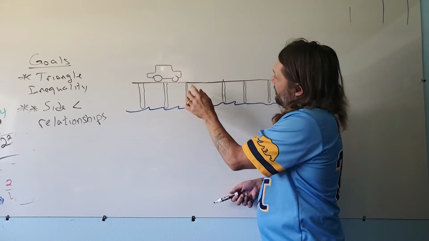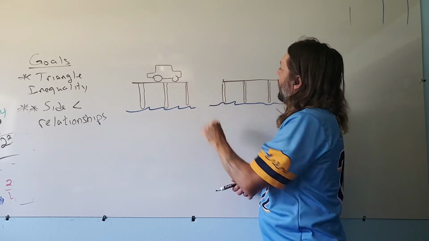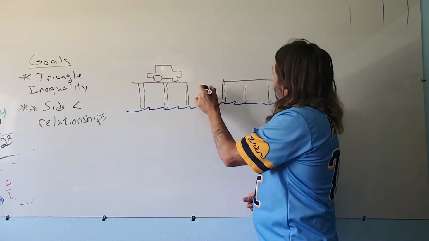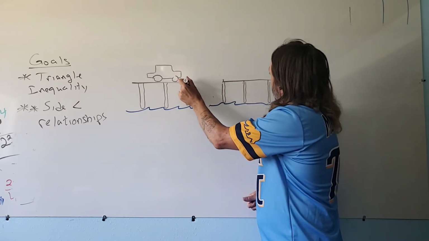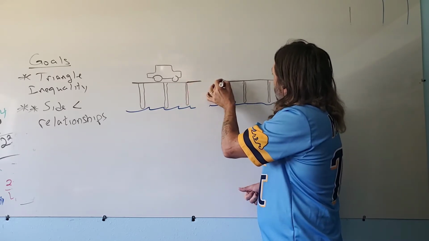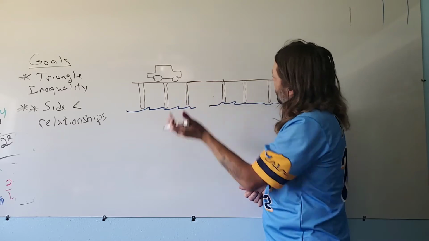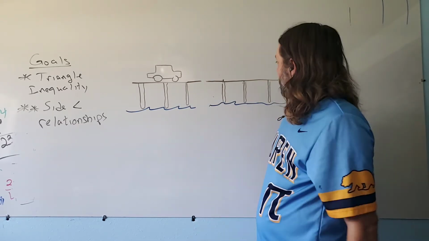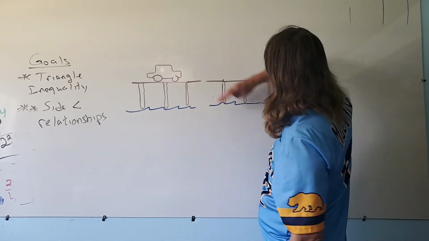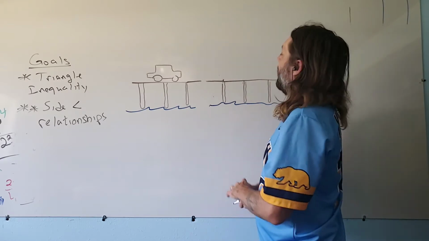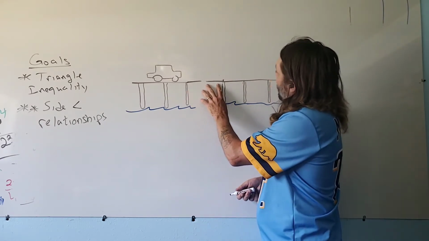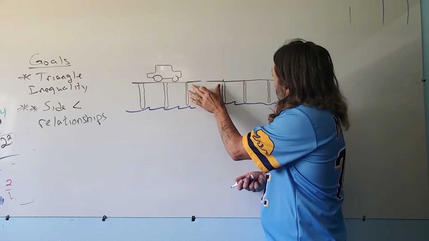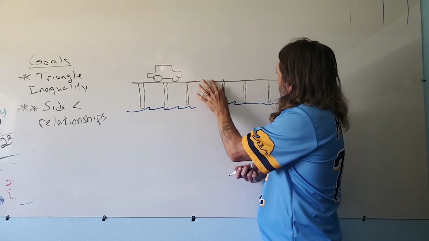Now, if somebody wasn't paying attention and they engineered the bridge in such a way where this length was shorter than this length, you would have a gap, and this would not be a very safe bridge. And that's assuming that these would stay flat. Most likely they would fall all the way through. So this length and this length are not equal to this length, and you can't cross.